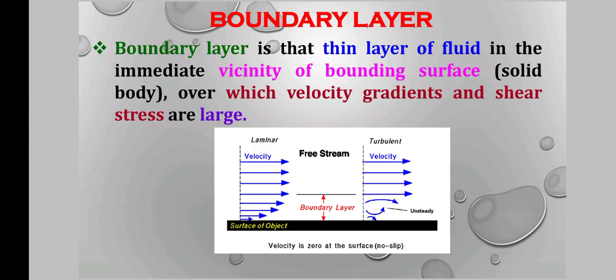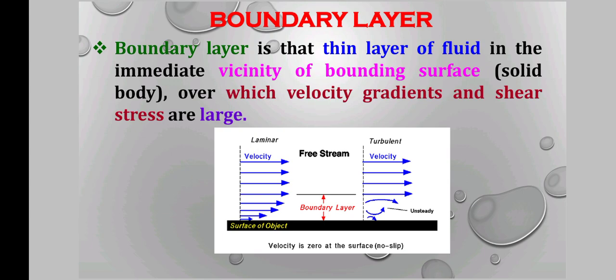So boundary layer is nothing but a thin layer of fluid in the immediate vicinity of a bounding surface over which velocity gradients and shear stress are large. In the image itself we have seen the flow of a laminar and a turbulent.